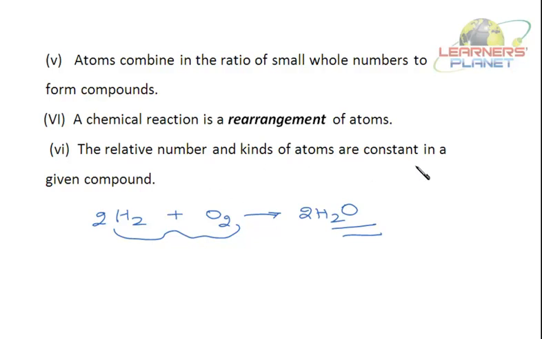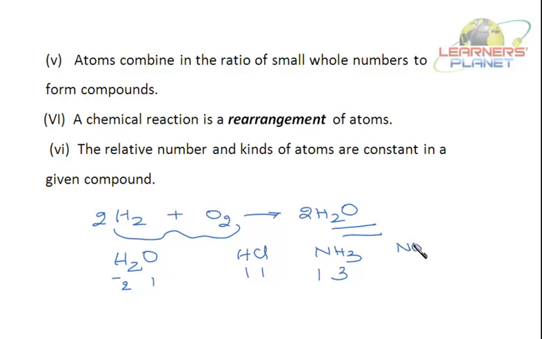The relative number and kinds of atoms are constant in a given compound. See, in a given compound H2O, the number of atoms of hydrogen is 2 and oxygen is 1. HCl, the number of atoms of hydrogen is 1, chlorine is 1. NH3, the number of atoms of nitrogen is 1 and hydrogen is 3.